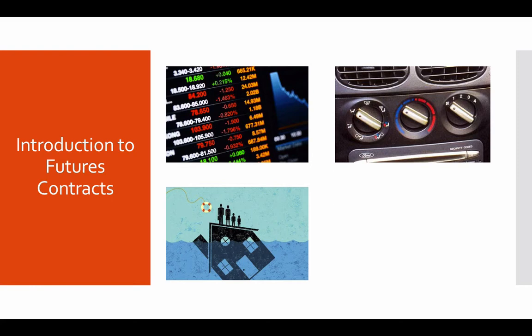Next, you see that a family is standing on top of a house which is sinking underneath water, which shows that they are having some credit default problem. That is, they're not able to pay their mortgage. So similarly, that risk does not exist in the case of futures contracts, thanks to the clearinghouse.